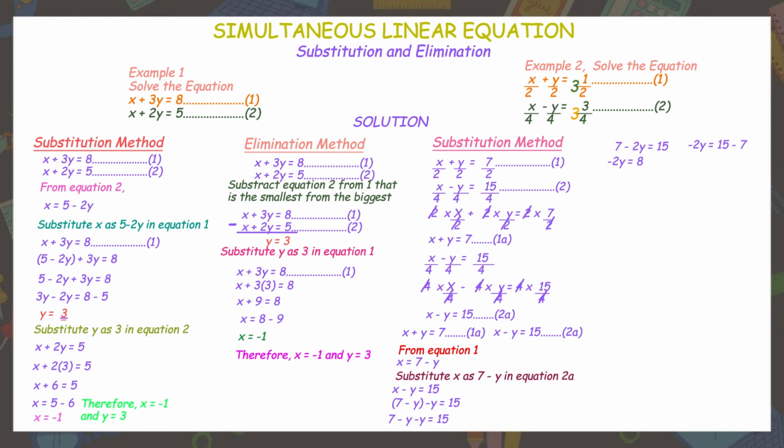We now divide both sides by minus 2. This one will cancel this. 2 here 1, 2 here 4, and the minus. So that means we're having our y is equal to minus 4.